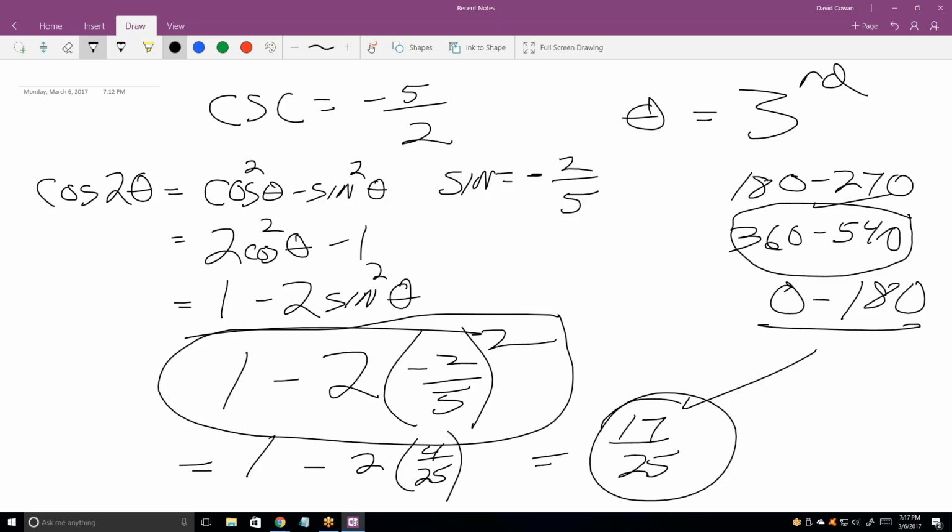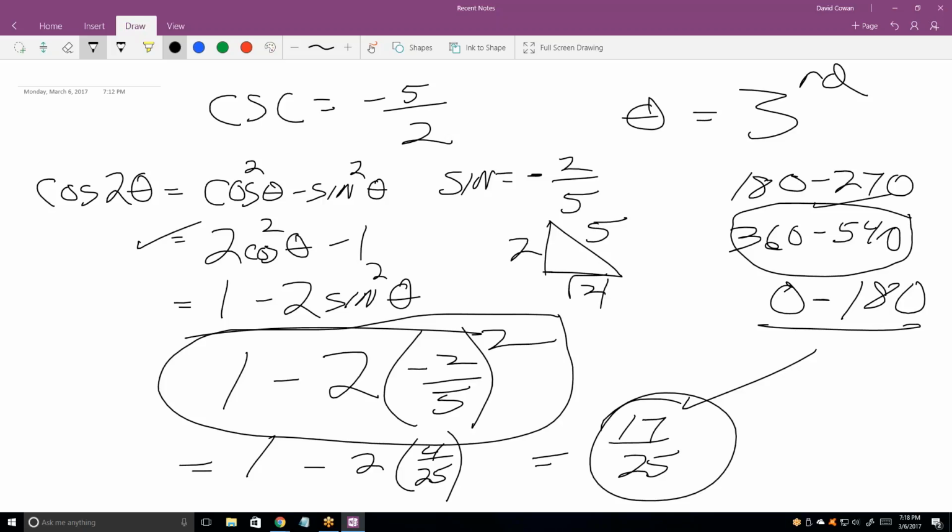Because all we have to do is use the proper formula. And in fact, I could probably use either of these formulas. As long as I know that theta is in the third, I could use this because I could figure out what cosine of theta is by drawing the triangle, labeling 2, 5, root 21.